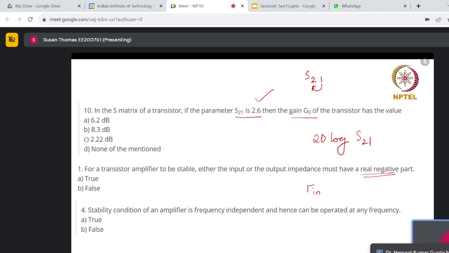So, Z0 minus Zs on Z0. So then gamma S, how about gamma S, the source reflection coefficient?